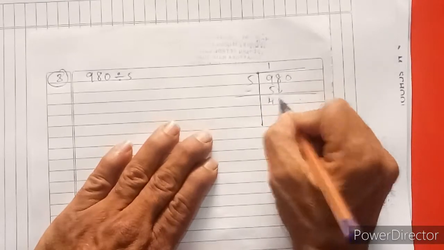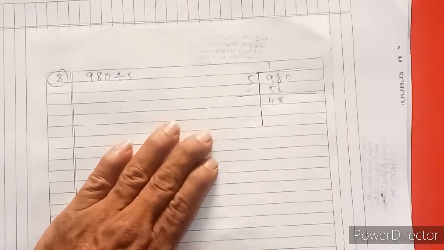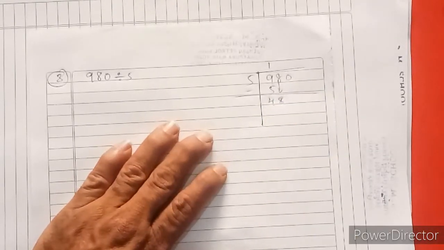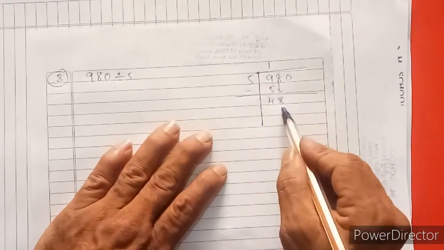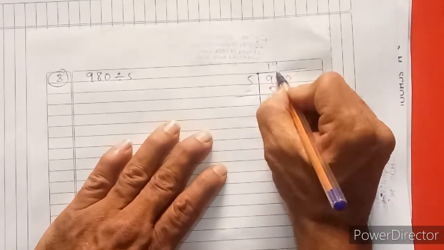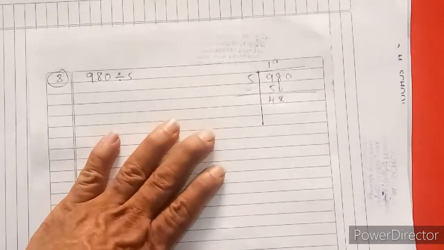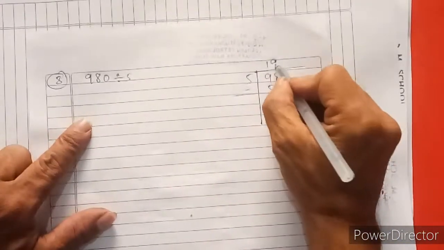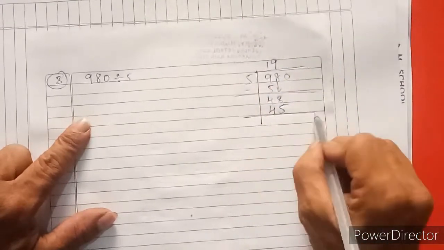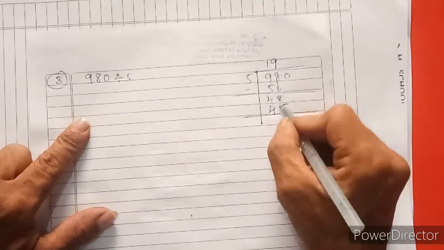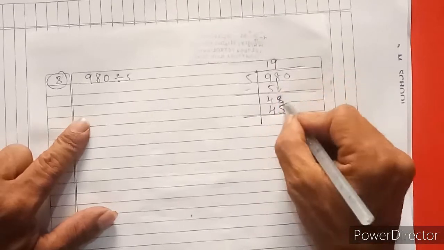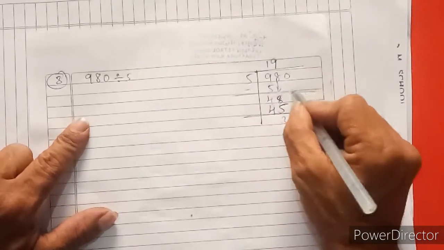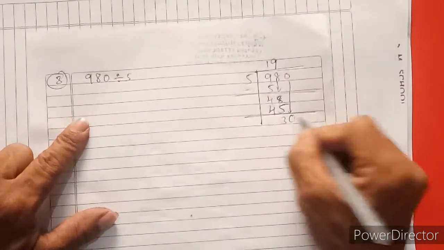Again we take 8 down. Then 5 nines are 45, so we took 9 fives are 45, and we underline. 48 minus 45 is 3, and 4 minus 4 is 0. Again we take 0 down.